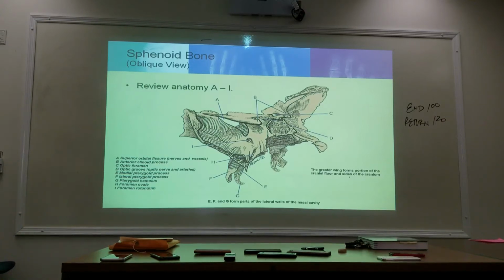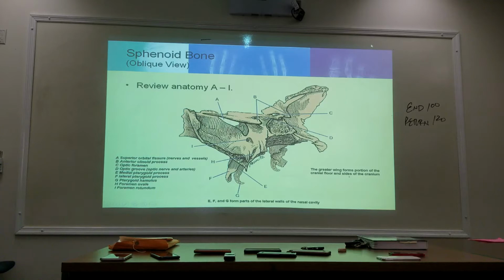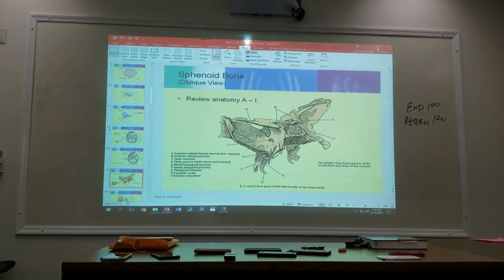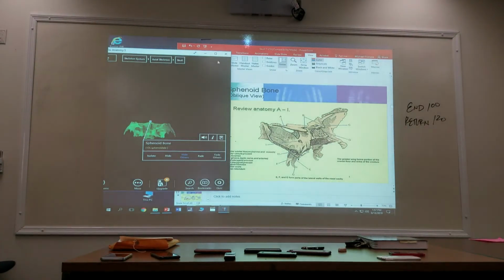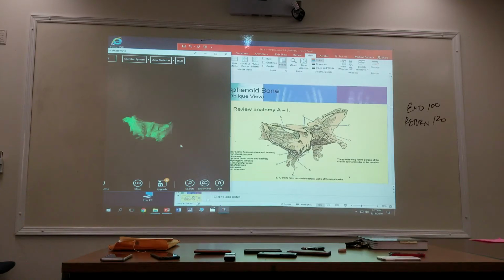Again, it's very hard to see what's going on with this particular slide that they posted here. But if we look at the sphenoid, this area right here is pointing to these projections, these two.